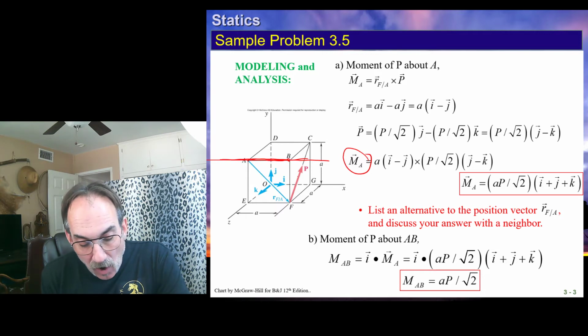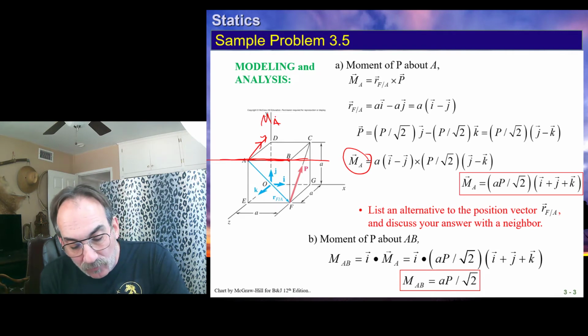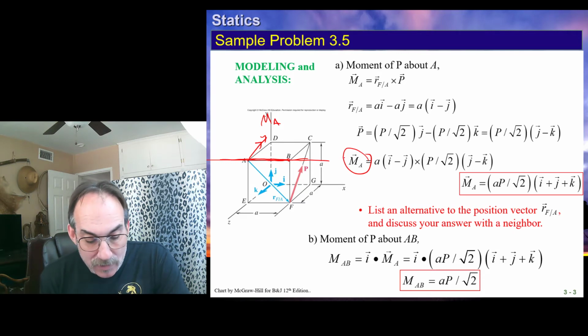This R cross P caused a moment going out like this. This is our M about A, perpendicular to those two. So now since we already have that moment at some point along the line of action of AB, we can just take the dot product of the unit vector AB with that moment from any point along the vector, which was MA.